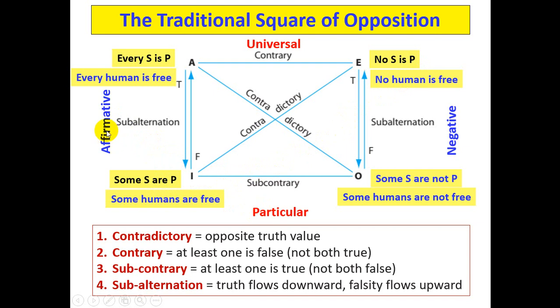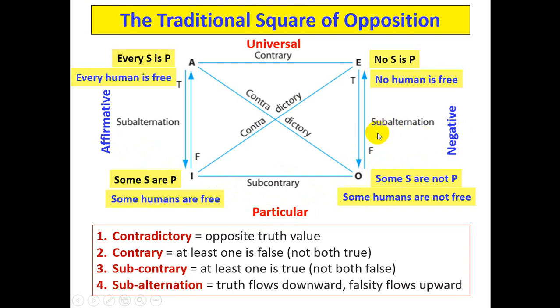Something like some S are P. On the other hand, we have particular negation here because this is negative. Just to say some S are not P. Okay, this is very easy. This corner A is universal affirmation. This corner E is universal negation. This corner I is particular affirmation. This corner O is particular negation.